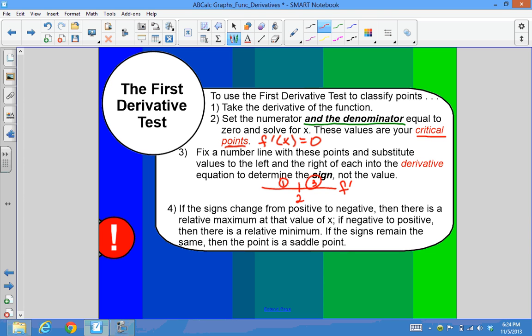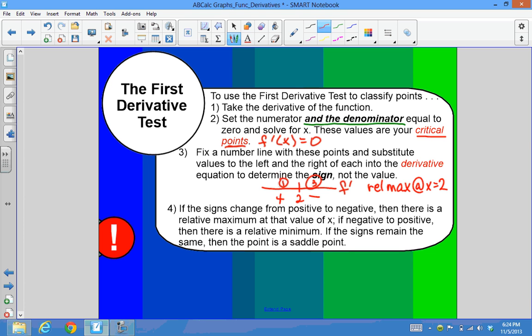When I do this, I will always label my lines with an f prime. To check the sign, I don't care what the number is when I plug in 1, but I do care if it's positive or negative. I don't care what the number is when I plug in 3, but I do care if it's positive or negative. If it's positive and then negative, then I know that I have a relative max at x equals 2.